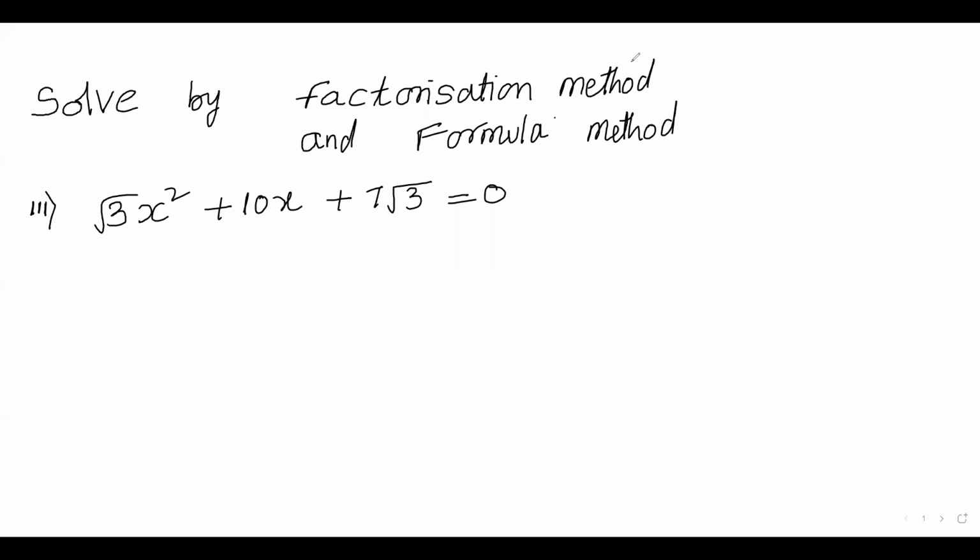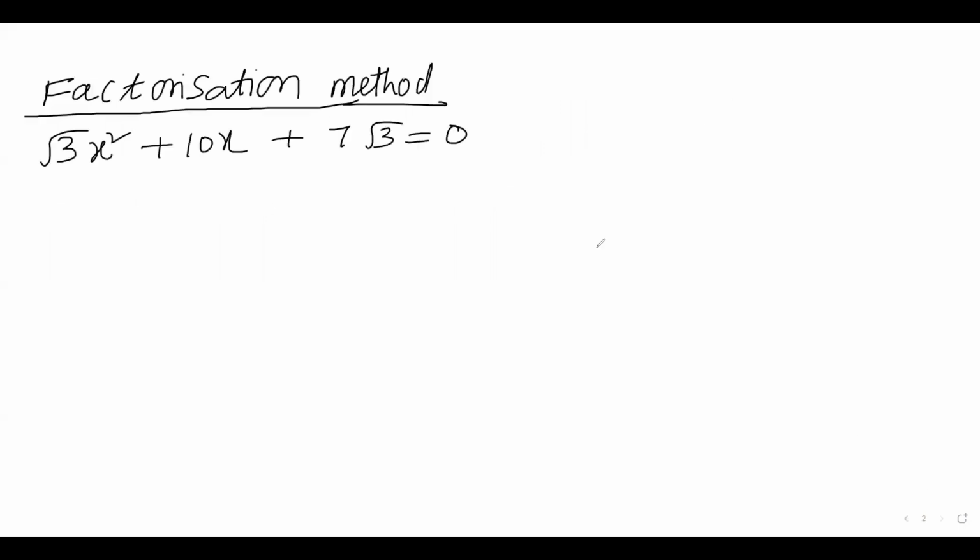Solve the quadratic equation using both the methods, factorization method as well as formula method. First of all, let us do by factorization method. In this method, we multiply the first term and the last term.